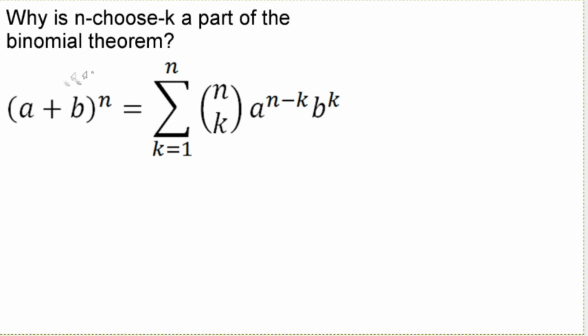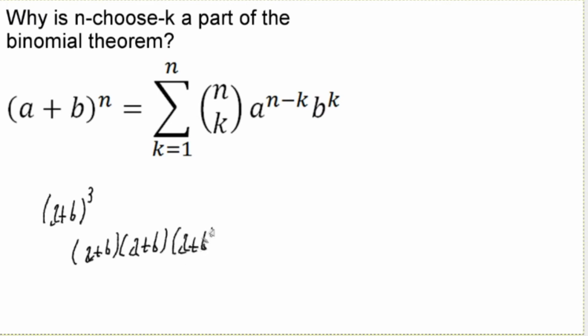Okay, well, let's just first of all give an example of the binomial theorem. Let's say you have (a+b) to the third power. I could expand this by saying (a+b) times (a+b) times (a+b). And then I could FOIL this first, and then the result that I would get, I would then times by this, and it would get quite messy quite quickly.